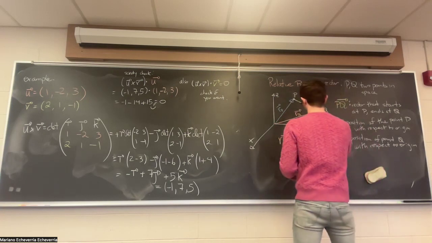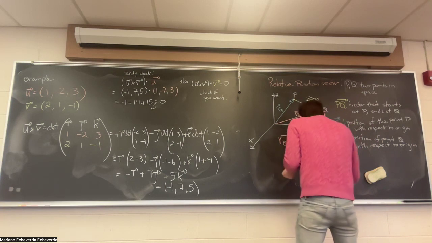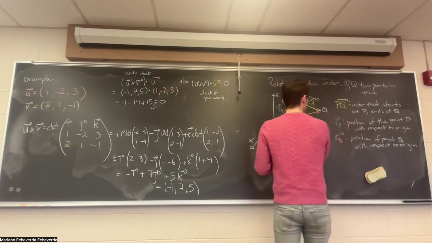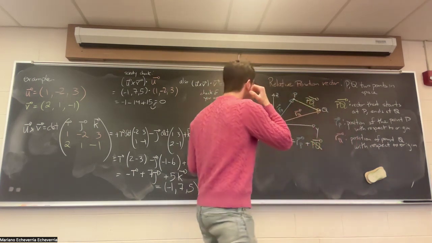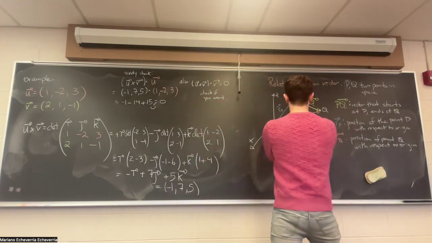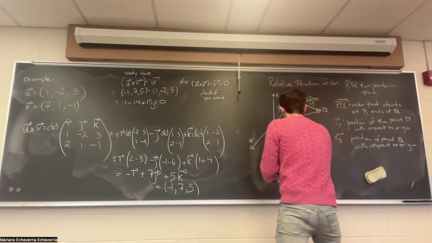RP plus PQ. And the important thing here is that this already gives you a formula for PQ by moving RP to the other side. So the formula for the relative position vector is just the difference in the positions of the other two points, which makes sense if you think about it.